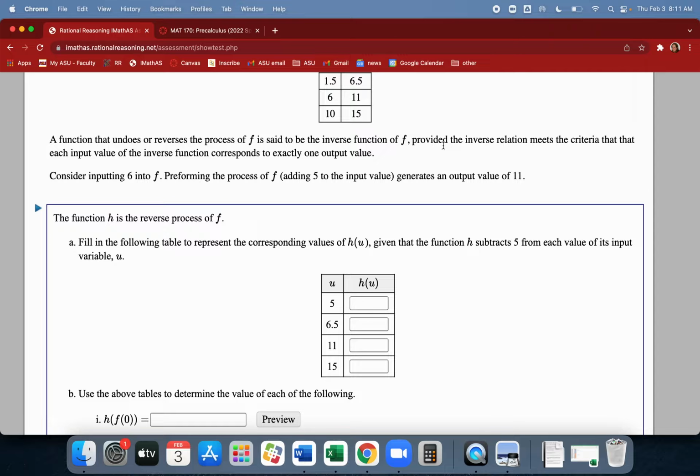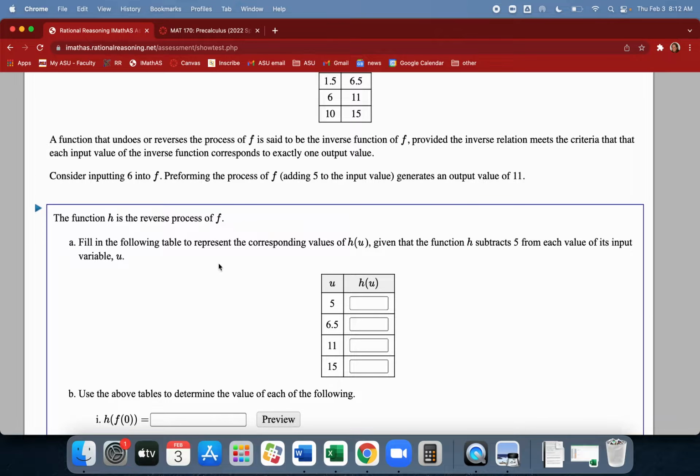We use that -1 exponent not to indicate that I'm taking a reciprocal, but just to mean the same thing as undoing function f. So the reverse of function f, or the inverse of function f, and lots of times we'll say reverse. Reverse, inverse, just undoing something, would be subtracting 5. And I can call it f inverse, or I can call it something else entirely.